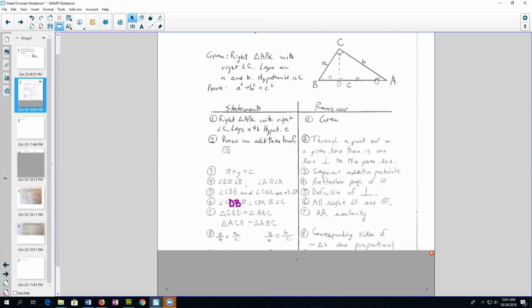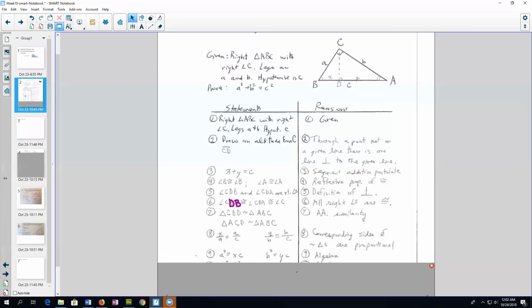This is a longer leg over the hypotenuse equals the longer leg over the hypotenuse in the large triangle. And the reason is corresponding sides of similar triangles are proportional. It's kind of like CPCTC, but it's not corresponding parts of congruent triangles are congruent. It's corresponding sides of similar triangles are proportional.